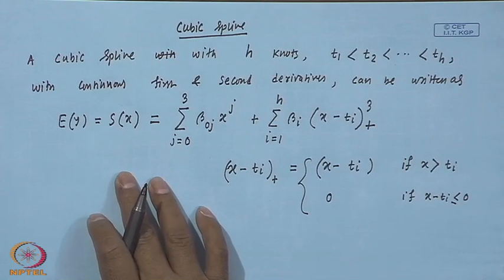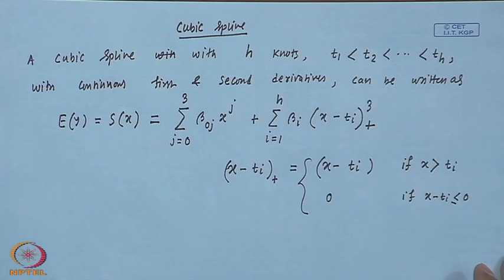Now, the problem is deciding the number of knots and the position of the knots. Okay.